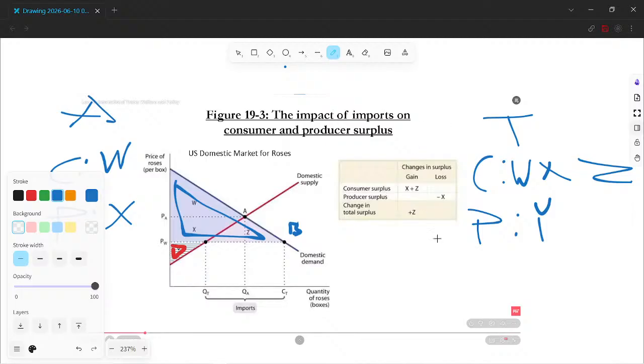Changes in gain. Consumer surplus: X plus Z. So we've already got W. X plus Z, yep. Producer surplus loses X, yep.